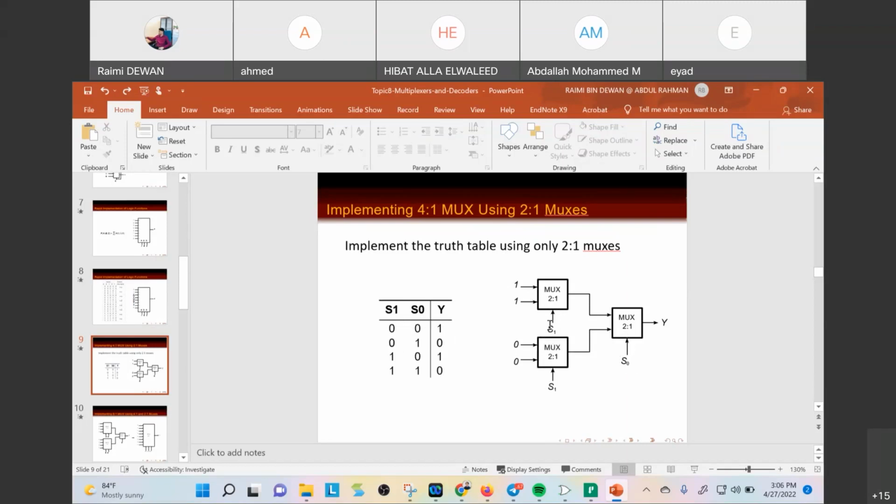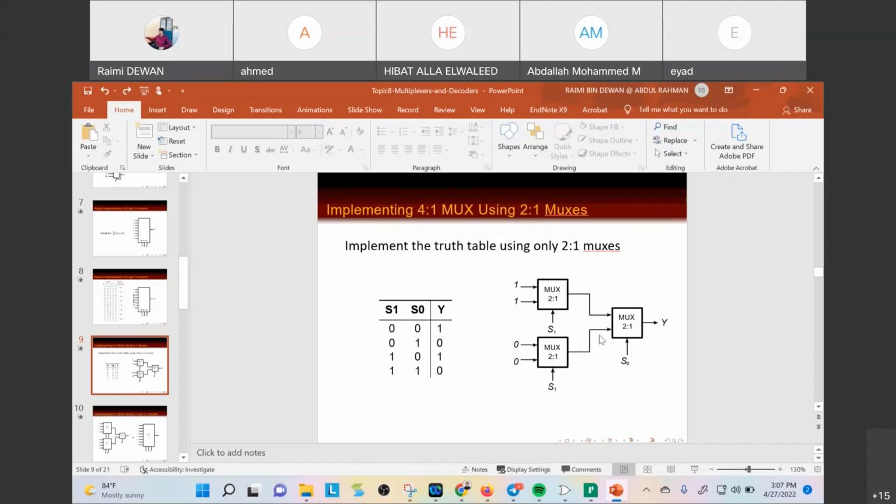If S1 is equal to 0, it will choose 0 here.